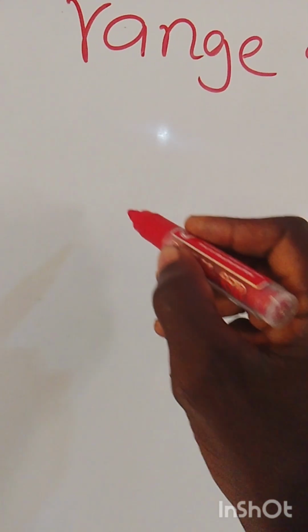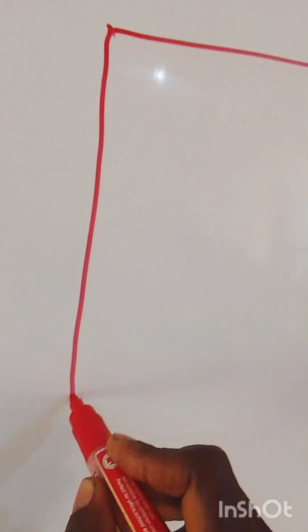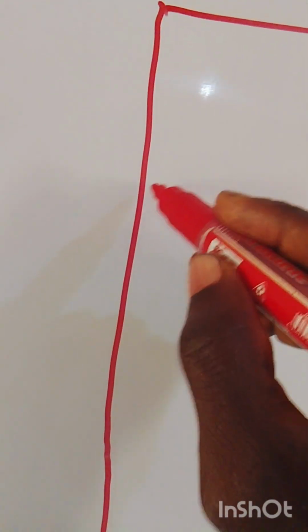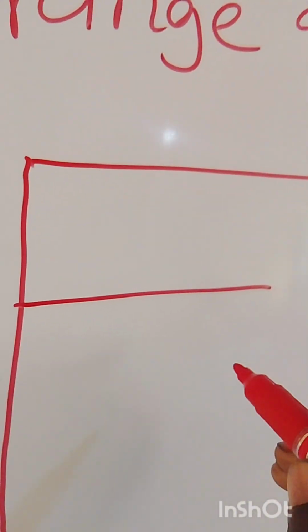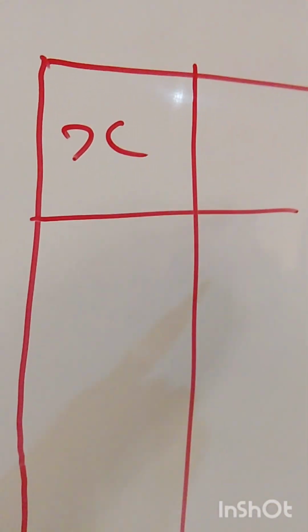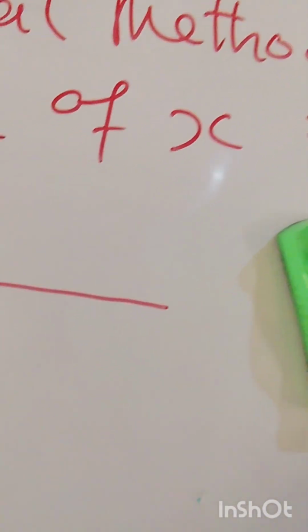Now, we will go into the first thing, that is arranging our table of values. Our x starts from -5 as the question specifies.